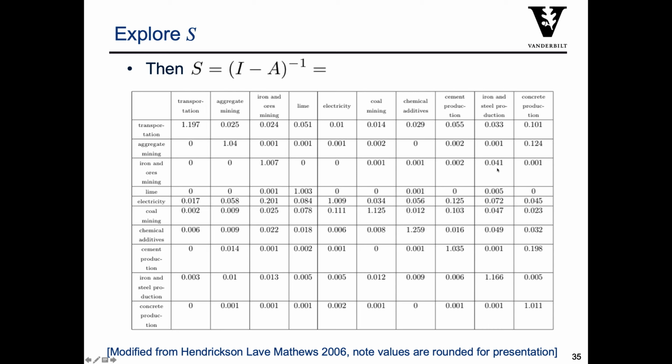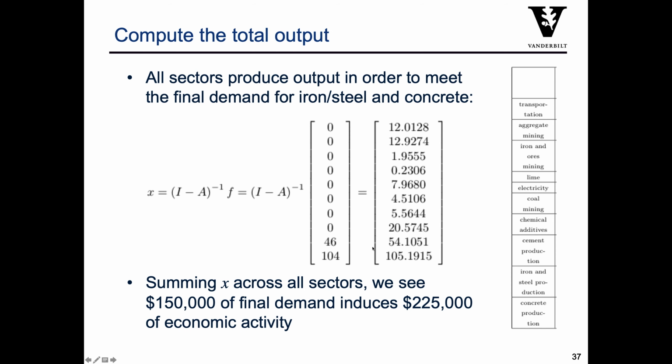Well, if per dollar it produces the largest total output, then for $150,000 it will just produce $150,000 times that amount. So these column sums tell you the most intelligent way to spend your money if you've got a fixed budget and your goal is to maximize that number rather than just find the total economic activity. Okay, so that's the EIO model.